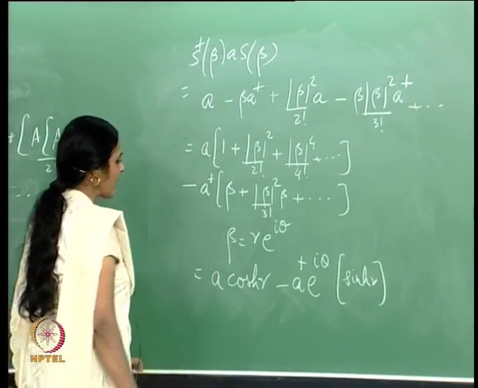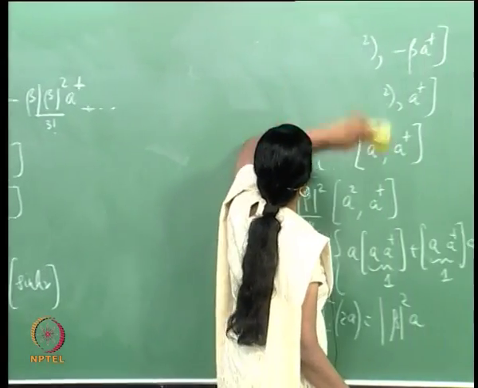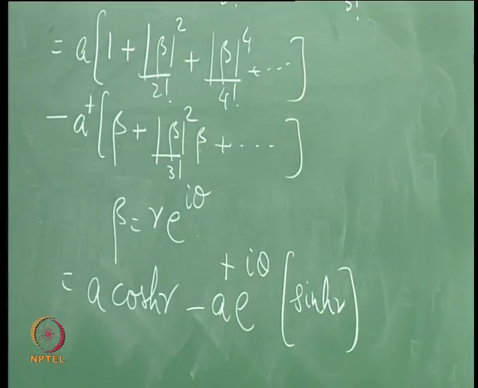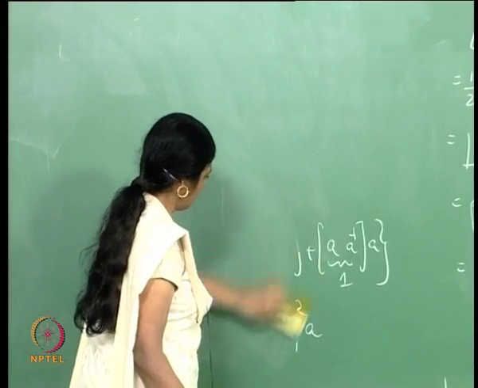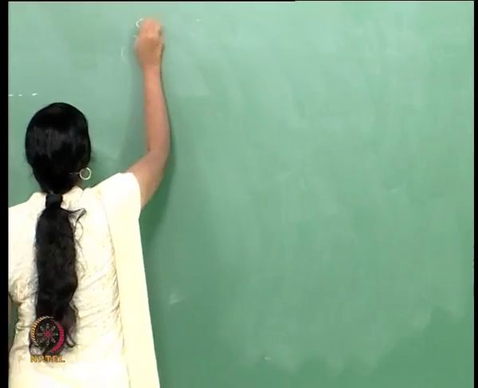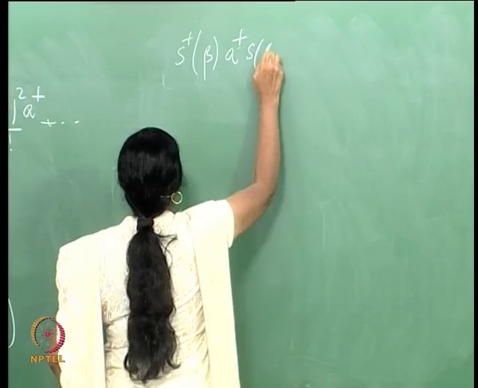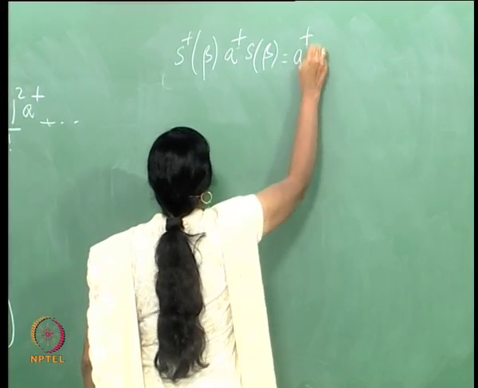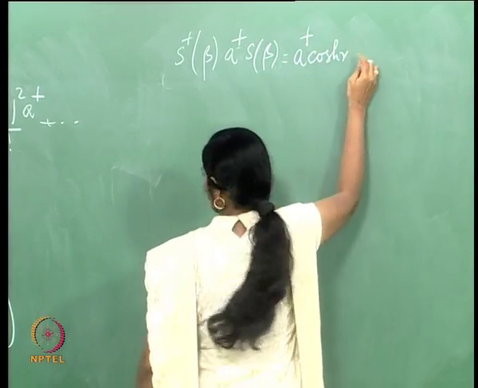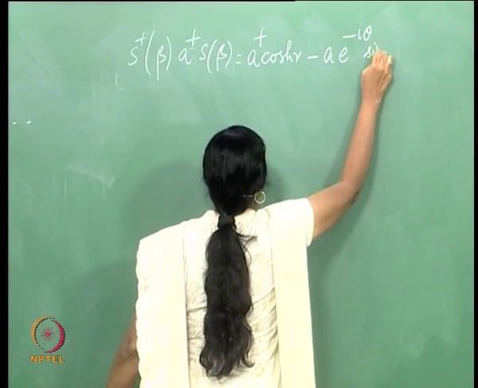We can proceed in the same way and show the following. That S dagger of beta A dagger S of beta is A dagger cos h r minus A e to the minus I theta sin h r.